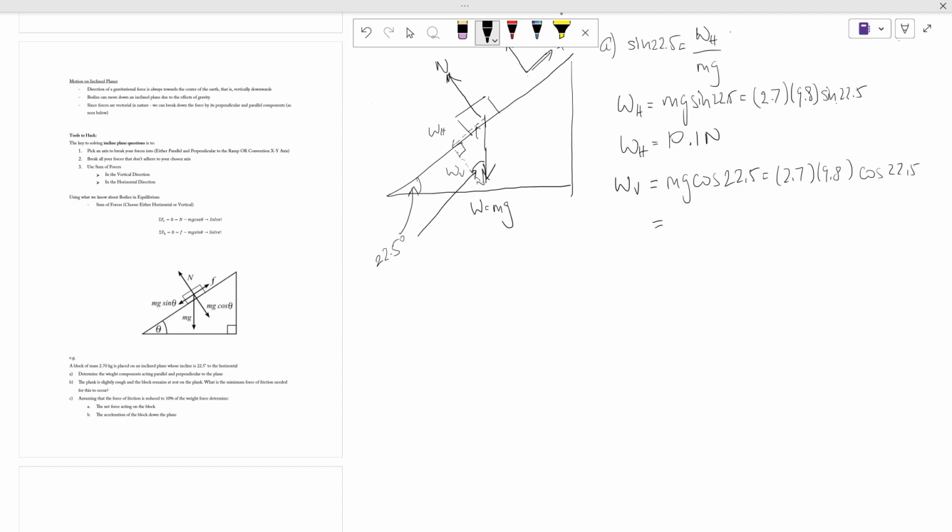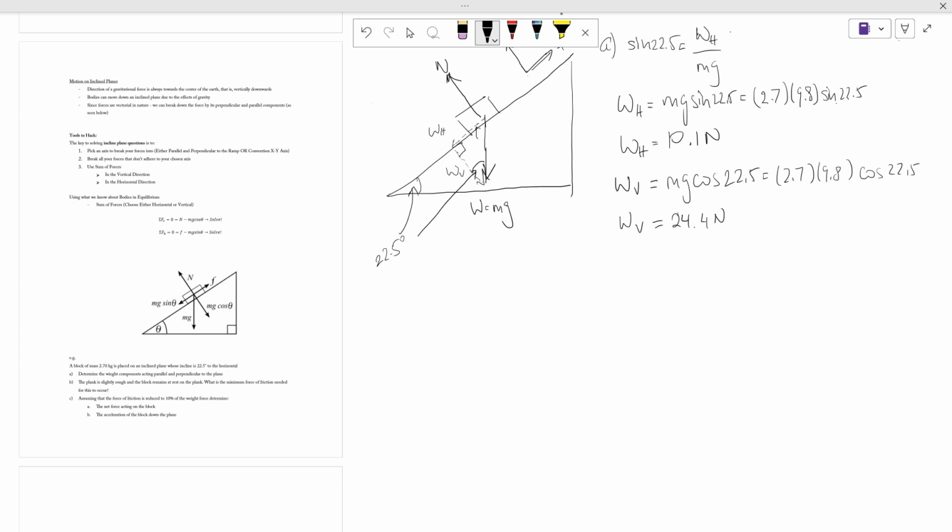And that gives us 2.7 times 9.8 times cos 22.5. That gives us a value of 24.4 newtons, right? So the vertical weight component is 24.4 newtons.